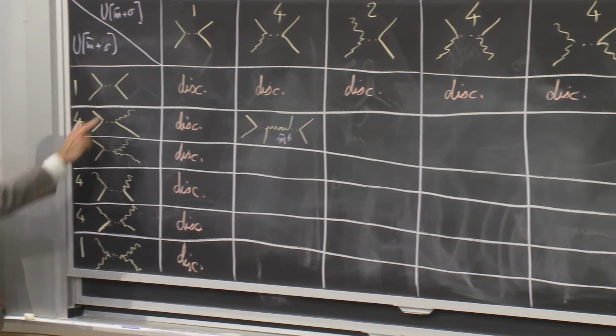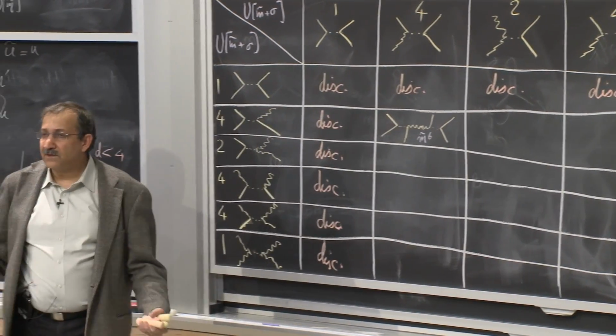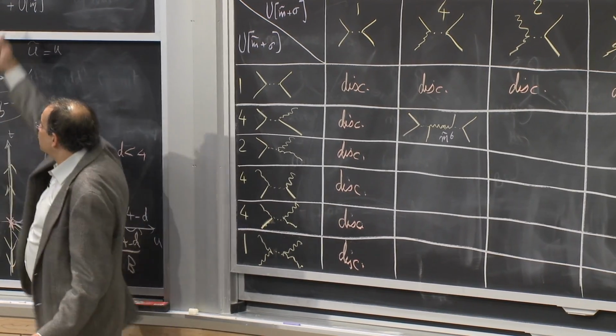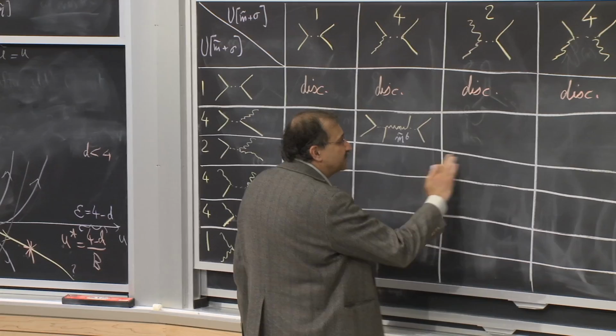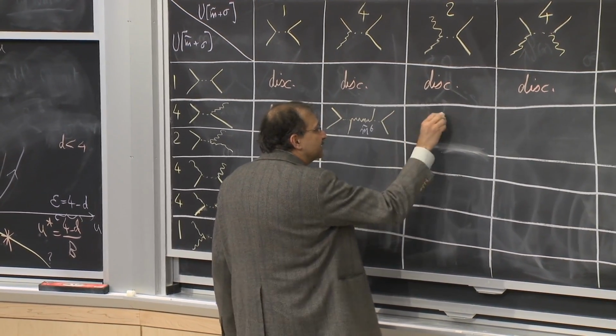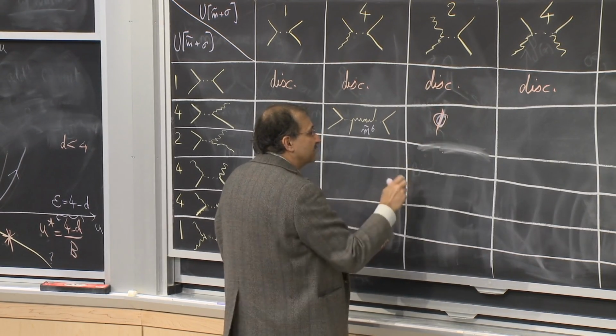Next term, I have one wavy line here and 2 wavy lines there. So it's something that is sigma cubed against the Gaussian weight. It gives me 0, because of it being an odd term, I will get a 0 here.